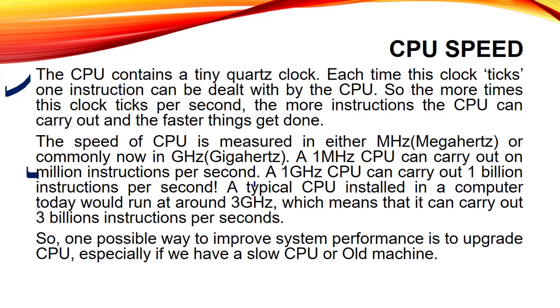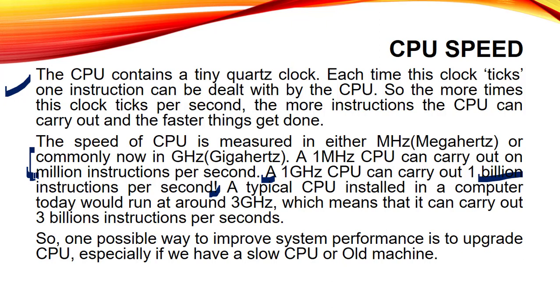Whereas a 1 gigahertz CPU can easily carry out 1 billion instructions per second. Fine. So you have to learn this point: in 1 megahertz it can process up to 1 million instructions, whereas in 1 gigahertz it can process up to 1 billion instructions. Fine, these are a lot.